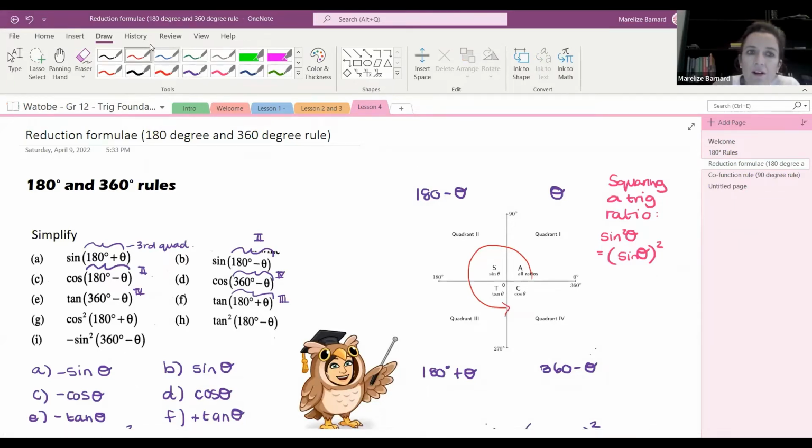We are rotating in the opposite direction. So we're actually rotating in this direction when we are doing negative angles. So the negative is just there to show that it is a different direction, that we are rotating in the clockwise direction. So if that happens, I will land up in this quadrant over here.